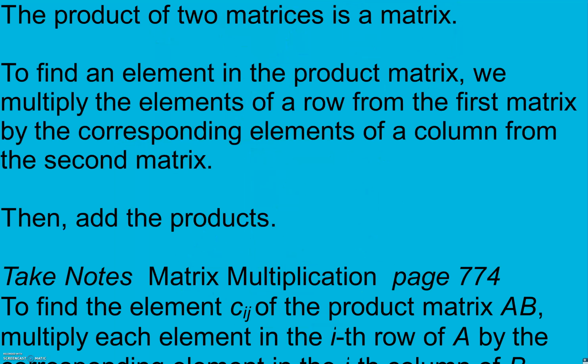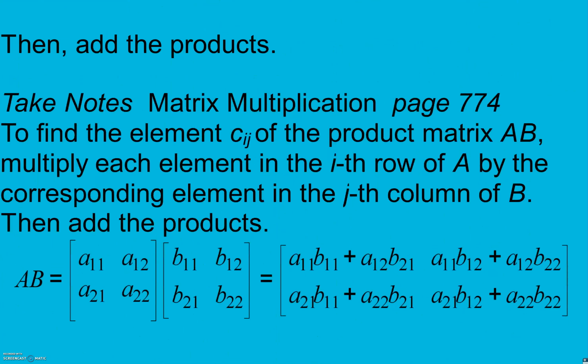The product of two matrices is a matrix. To find an element in the product matrix, we multiply the elements of a row from the first matrix by the corresponding elements of a column from the second matrix. Then we add the products. So take note on page 774.